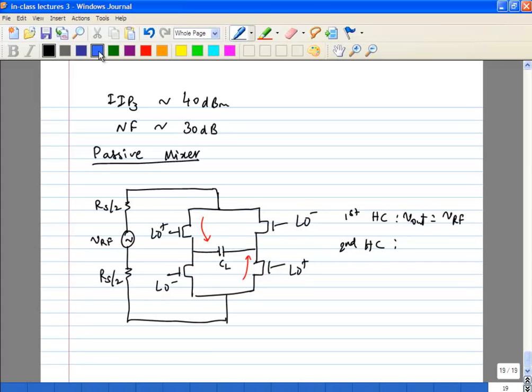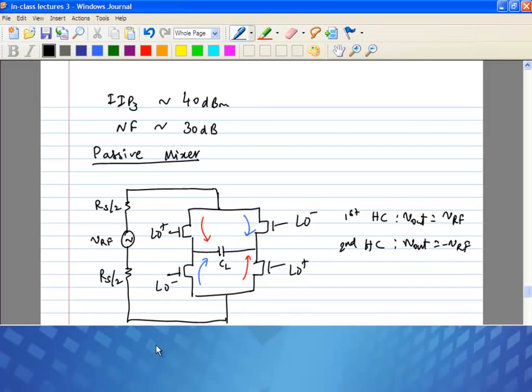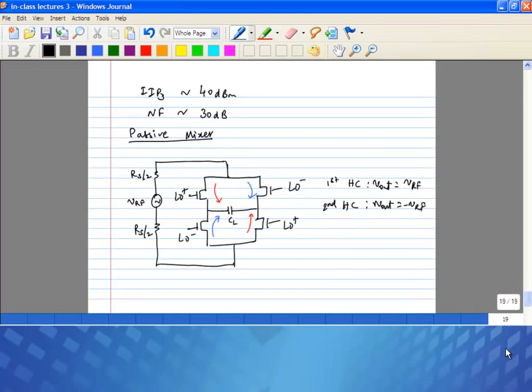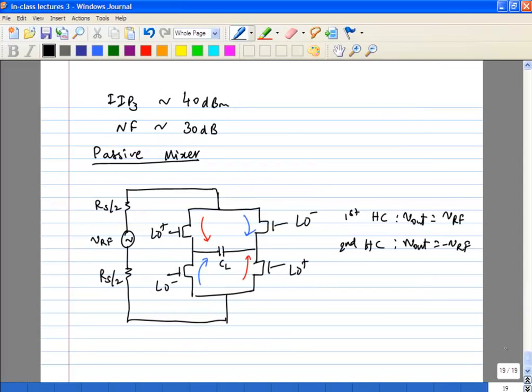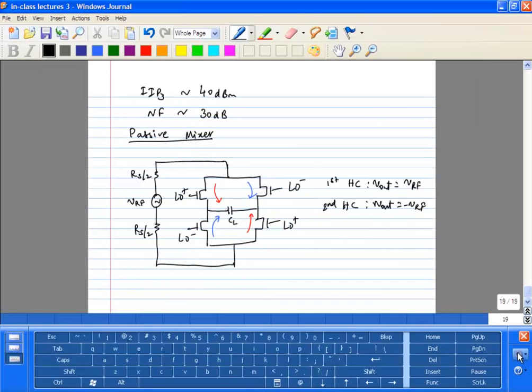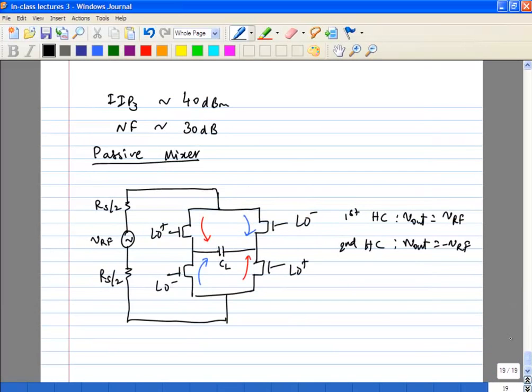The second half cycle, we have this guy here, this guy here. So it's minus VRF. Okay. So if you look at the overall transmission, it's as if your output RF is switching between plus and minus RF at the rate of the LO.